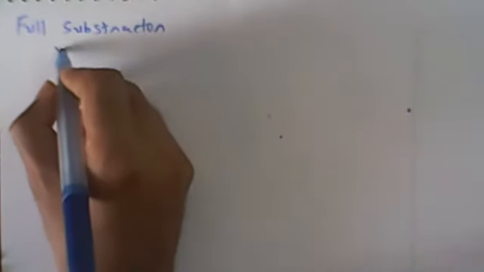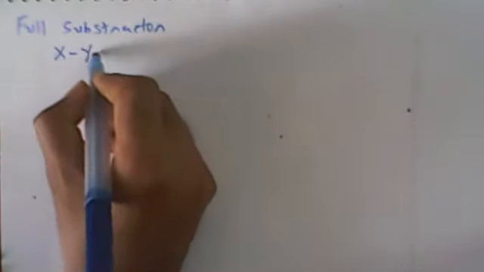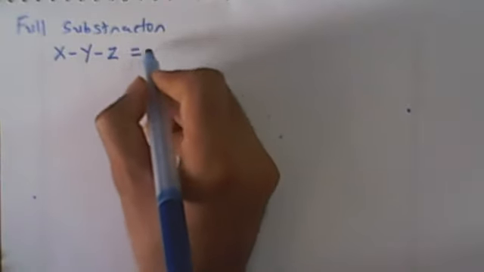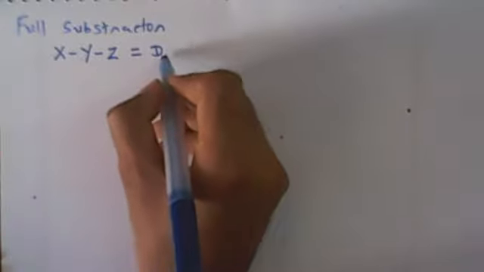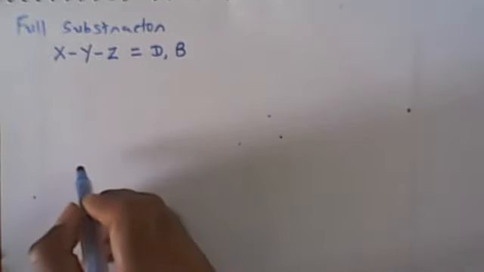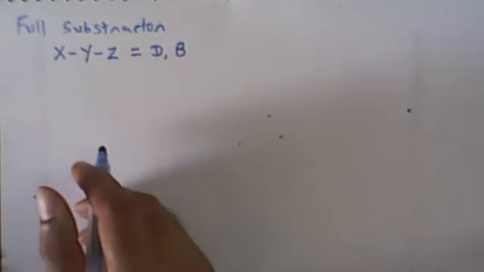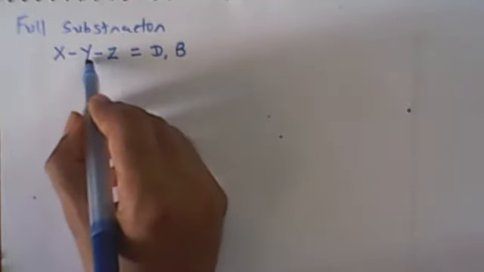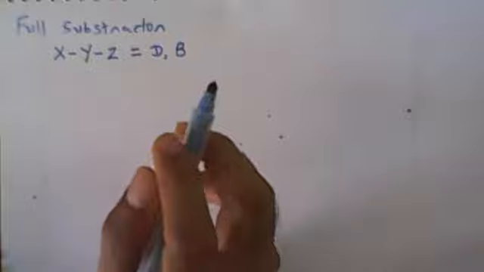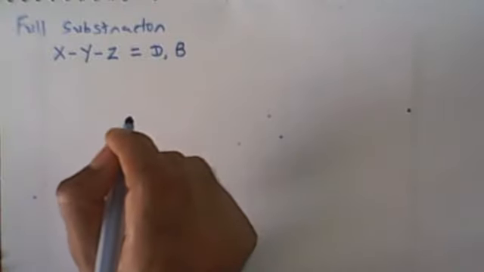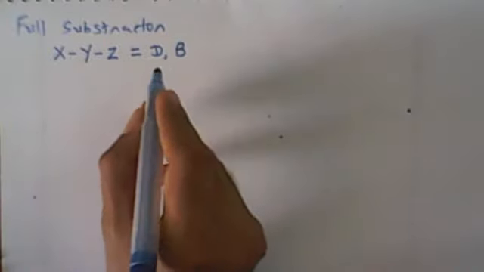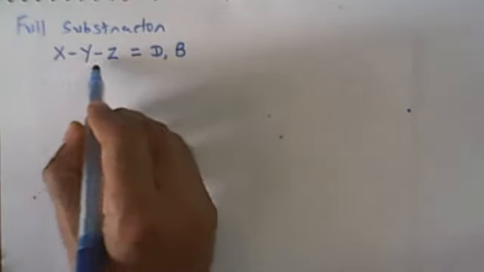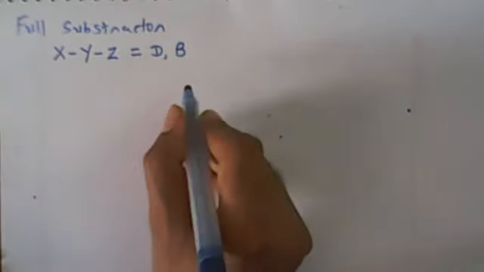So here we want to subtract x minus y minus z, and it produces 2 bits. One is the difference bit and the other is the borrow bit. Right? So here we want to perform x minus y minus z and produce the difference and the borrow. So it has 3 input variables and 2 output variables.